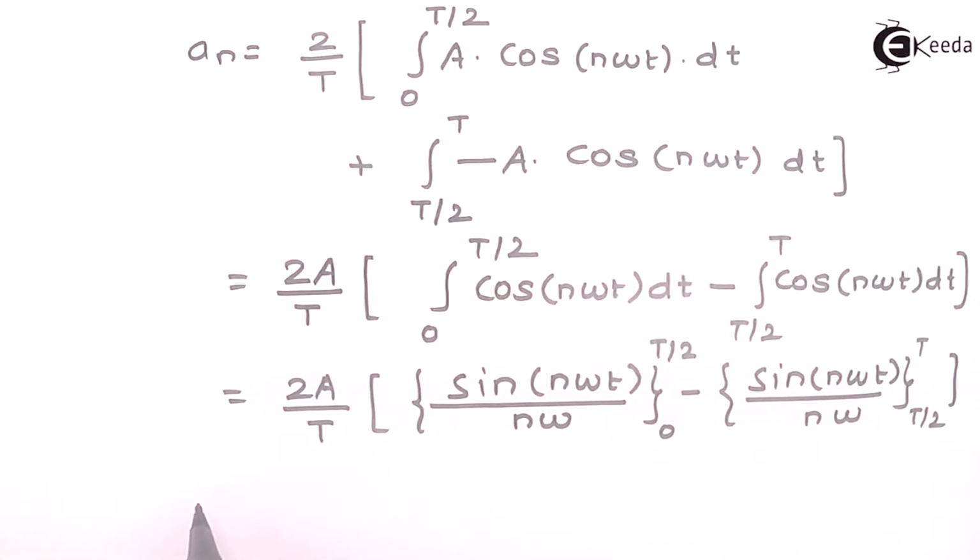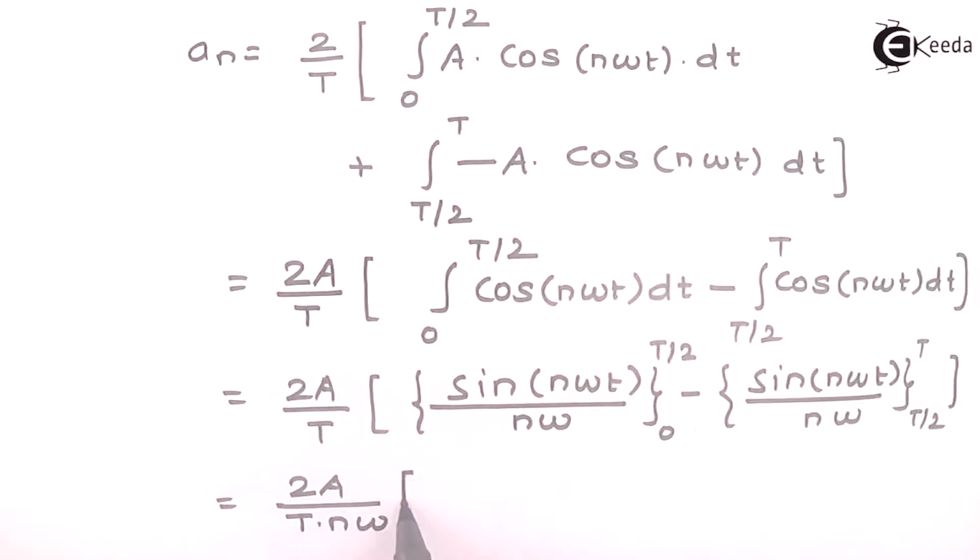So if you apply the limits, before that, let's take this n omega common. So it is 2A upon T into n omega inside a bracket.